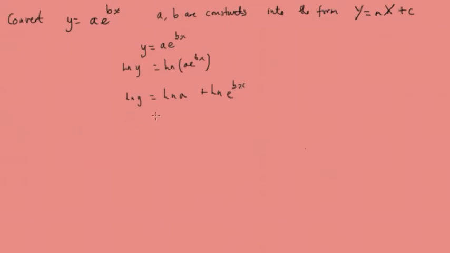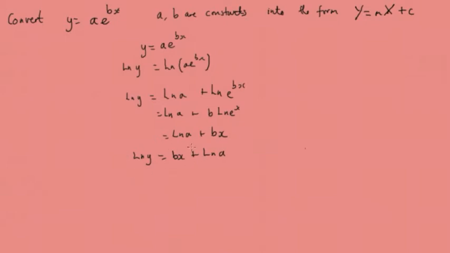This stays as log of a plus, now the power law will bring the b down, and that'll be the natural log of e to the x, but that then just becomes x. So let's rewrite this, changing the order. So we have bx plus the log of a.